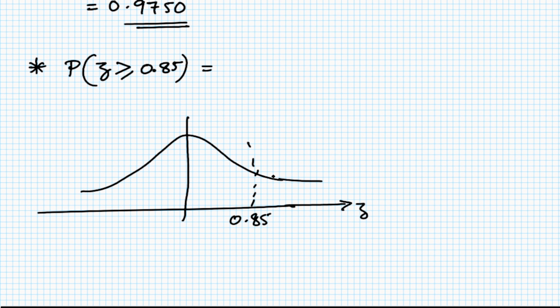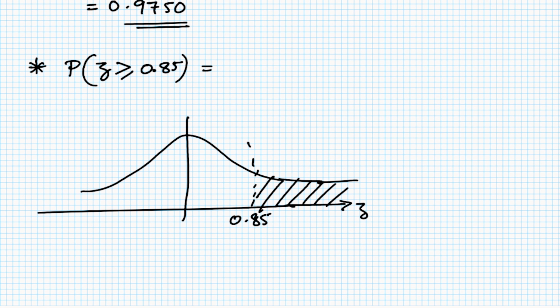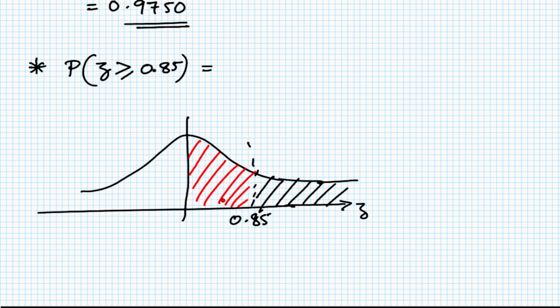I am supposed to find this. If I find phi of 0.85 from the table, you get the other way around: 0 to 0.85 is what we are able to calculate. But I want more than 0.85.